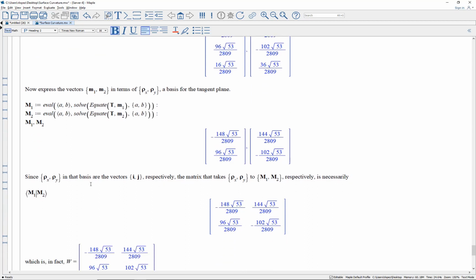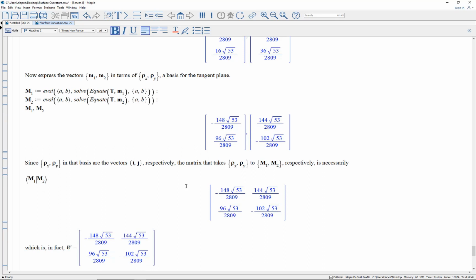Okay, then the basis vectors in the tangent plane are essentially your i and j. So when you ask what is the matrix that's going to take the tangent vector to the directional derivative, the columns of that matrix are just going to be these two vectors.